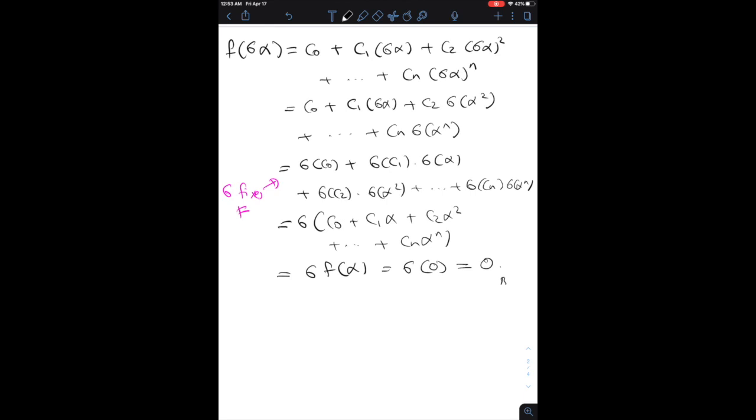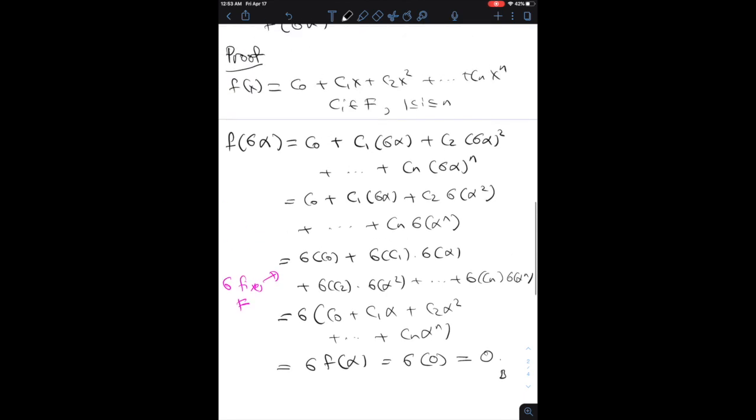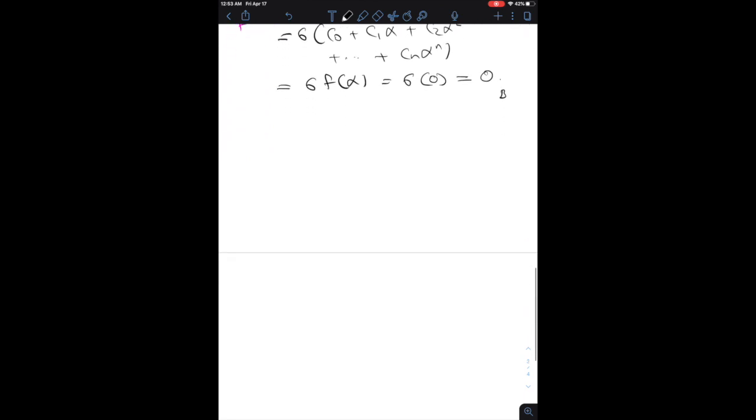But we know that f(alpha) is 0 since alpha is a root. So this is sigma applied to 0, which is 0, since sigma is a homomorphism. Okay, so this completes the proof.